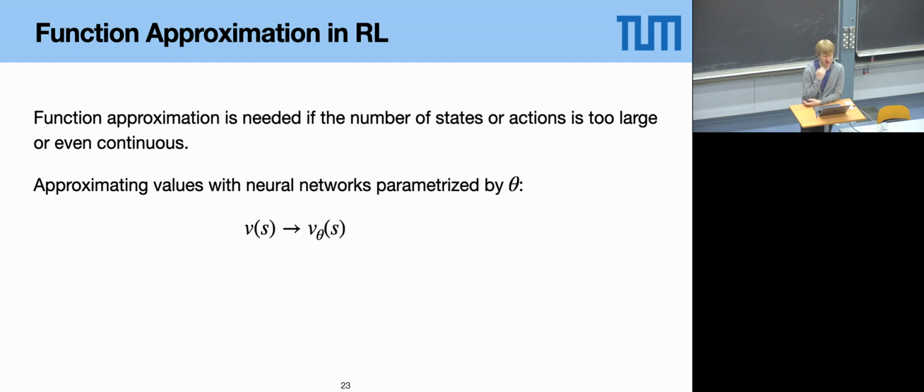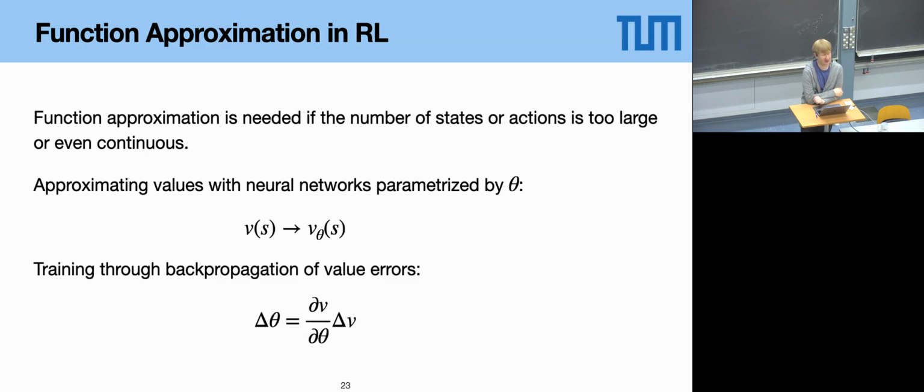That means now it depends on parameters theta. All these algorithms that I've shown you basically give you a rule for how to update the values. You just use backpropagation to translate this value update into a parameter update, and then you can train neural networks with these algorithms. So there's not much to it actually.